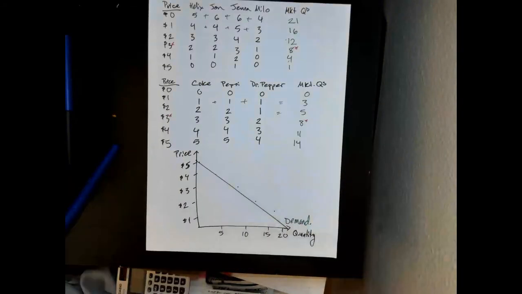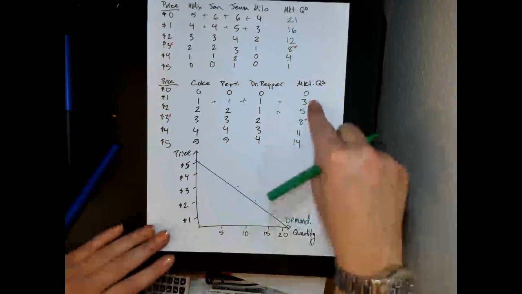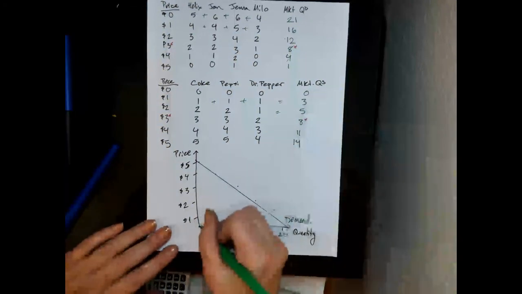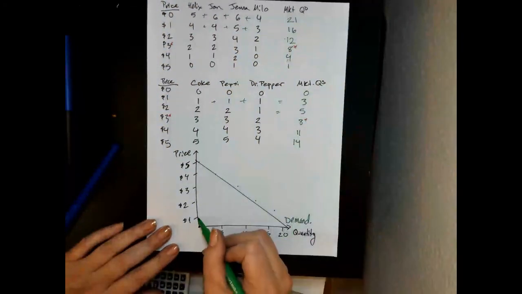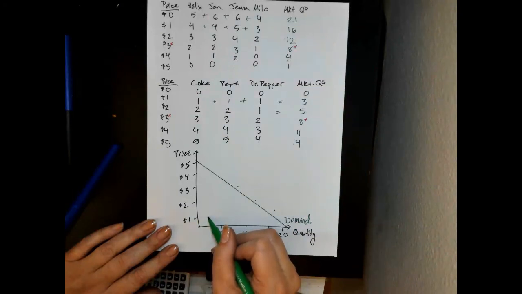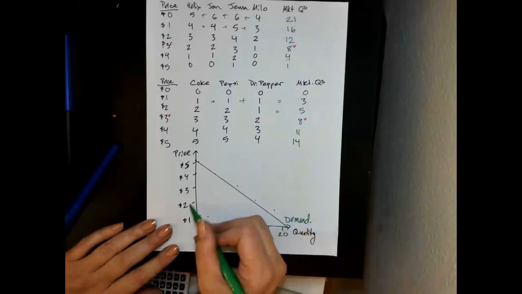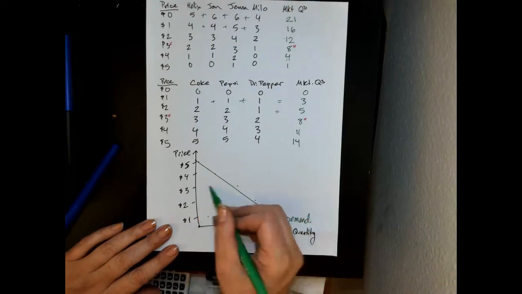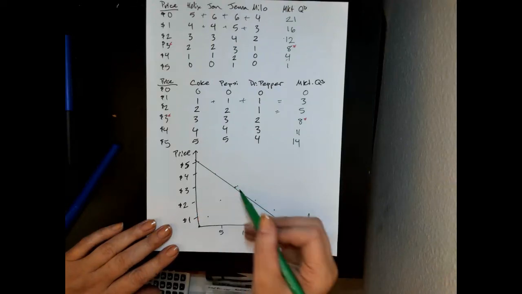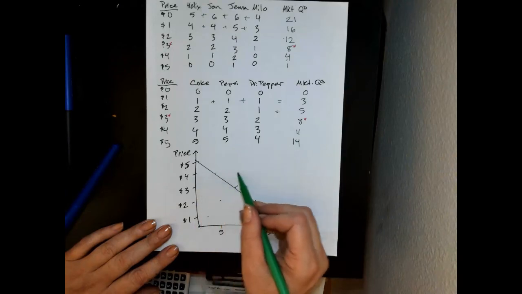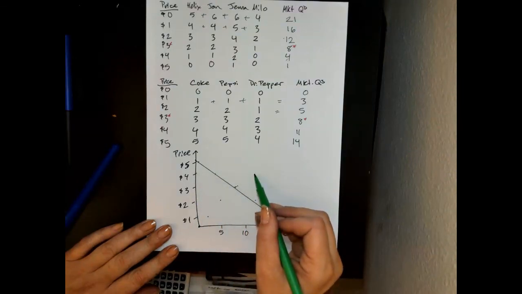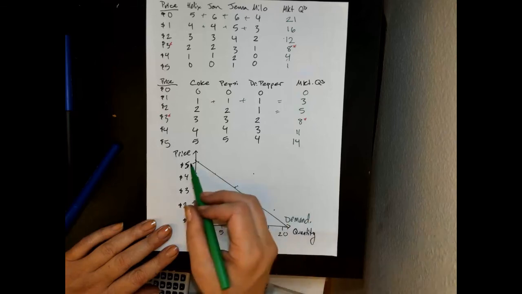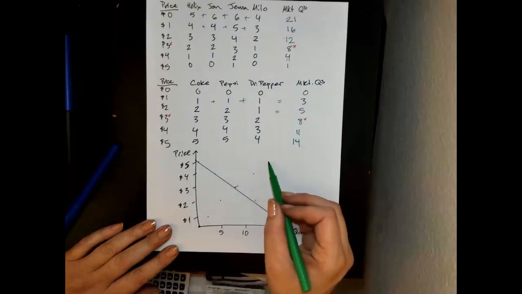Then I'm going to go ahead and get my supply curve graphed. So at a price of 0, the market supplies 0. At a price of $1, the market supplies 3 sodas. At a price of $2, the market supplies 5 sodas. At a price of $3, the market supplies 8 sodas. $4, the market is willing and able to supply 11 sodas. And at $5, the market is willing and able to supply 14 sodas.